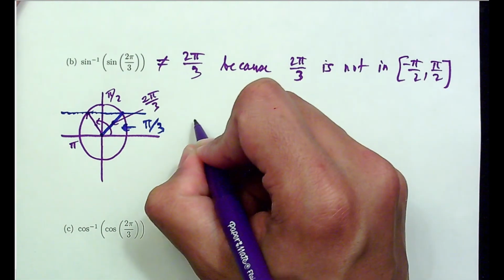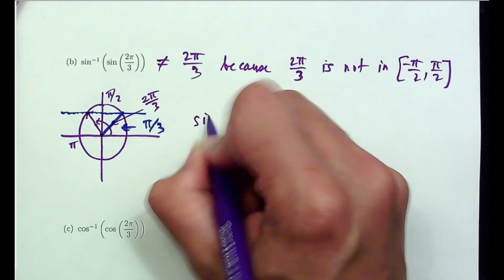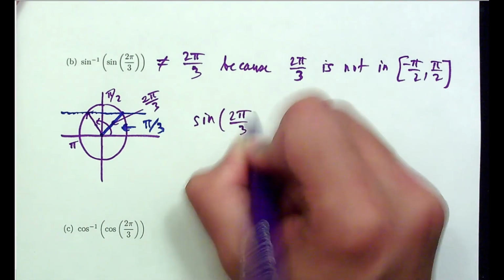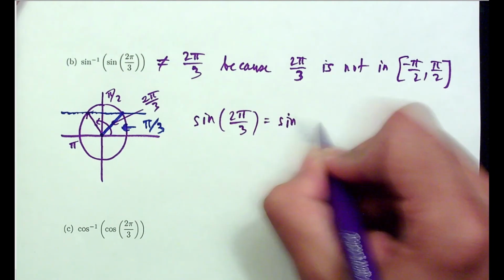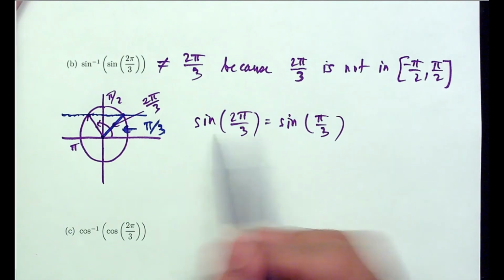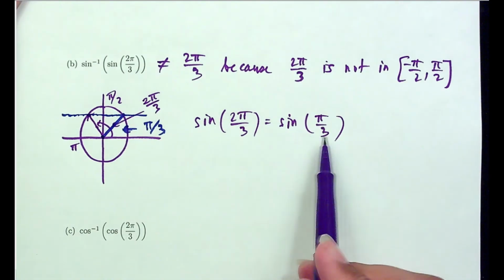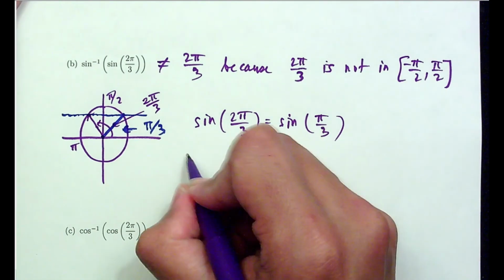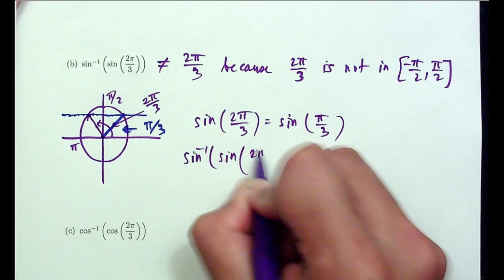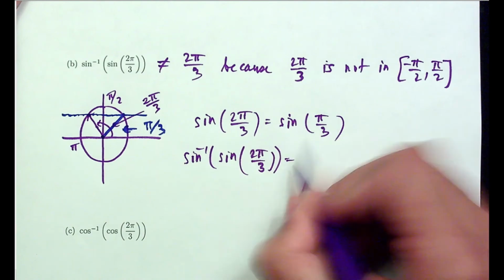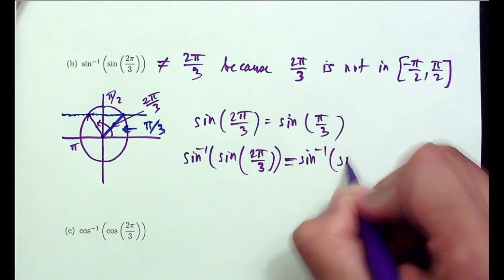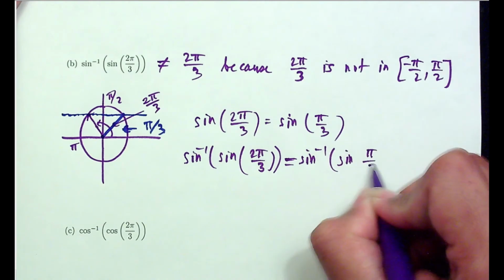So what this means is sine of 2 pi over 3 is the same as sine of pi over 3. And now I can replace this with that because it's the same thing. So in other words, sine inverse of sine of 2 pi over 3 is the same thing as sine inverse of sine of pi over 3.